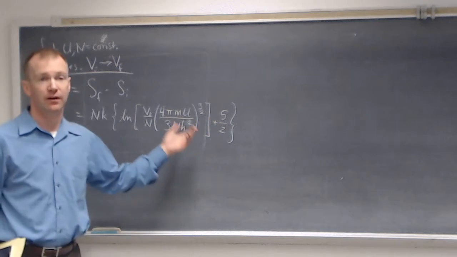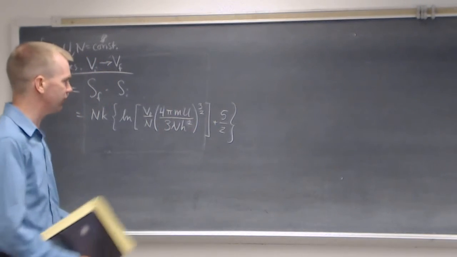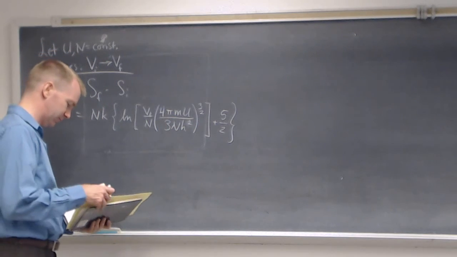Which is going to be nice, because that 5 halves is a constant, so this will often drop out in some cases.